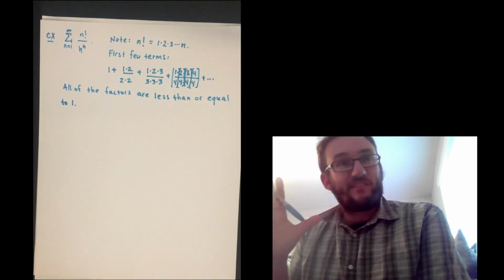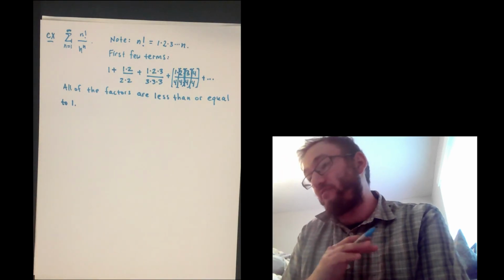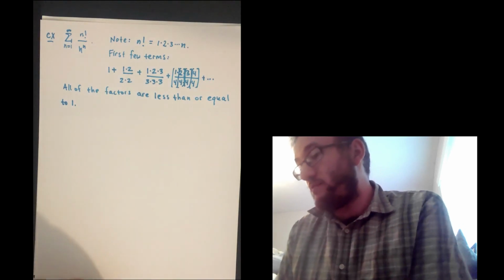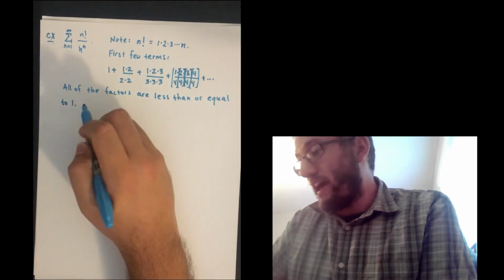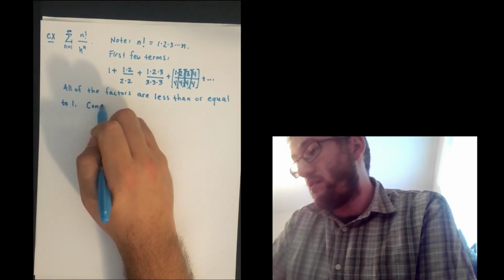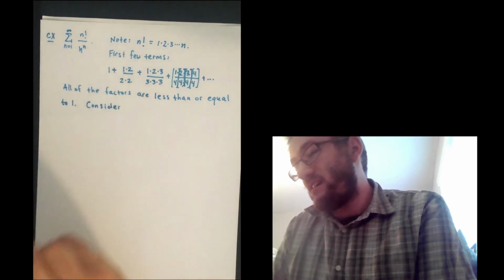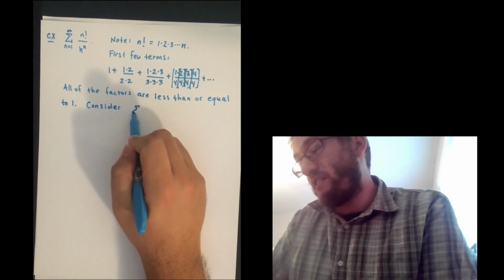So my archetypal convergent series is 1 over n squared. Okay, so instead of 1 over n squared, I'm going to use 2 over n squared.